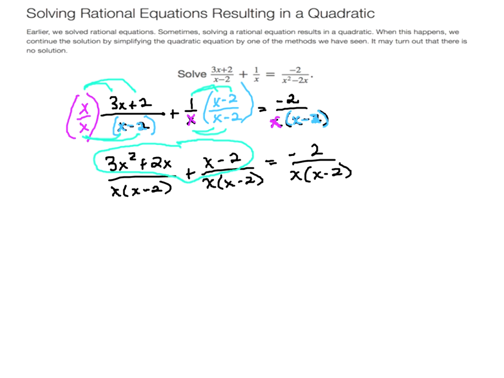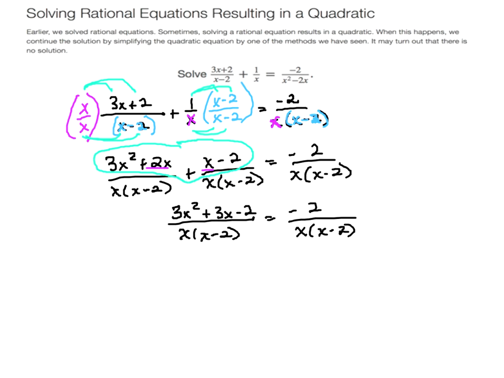And notice I have like terms that I can also put together. So now I have 3x squared plus 3x minus 2 over my common denominator of x times x minus 2, equals negative 2 over x times x minus 2.